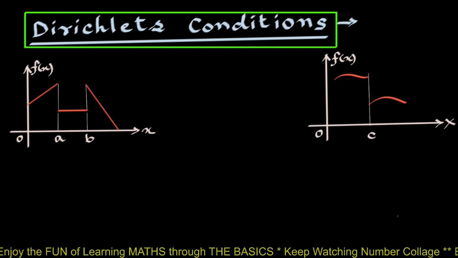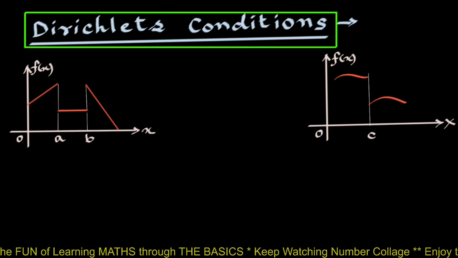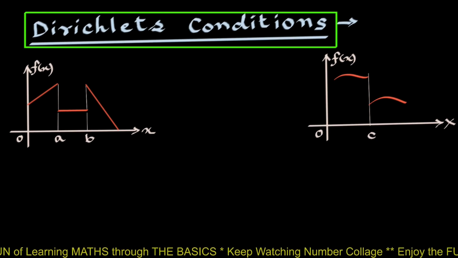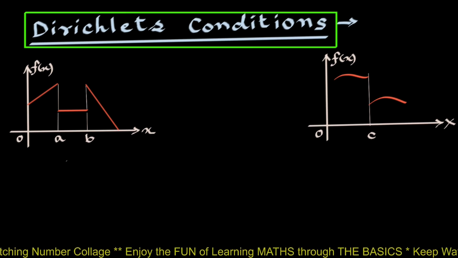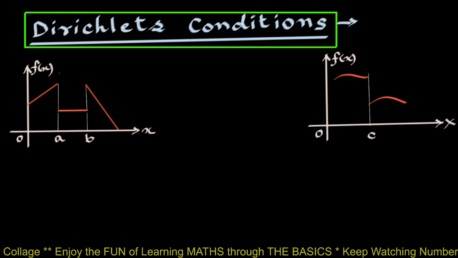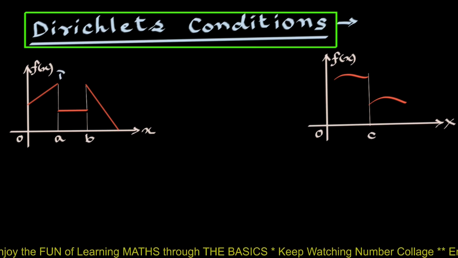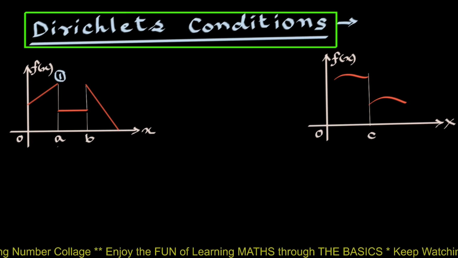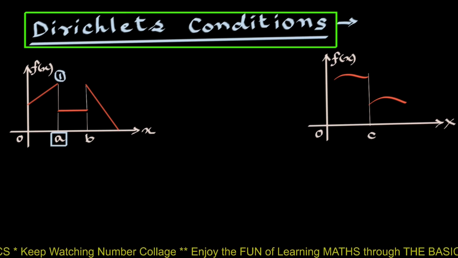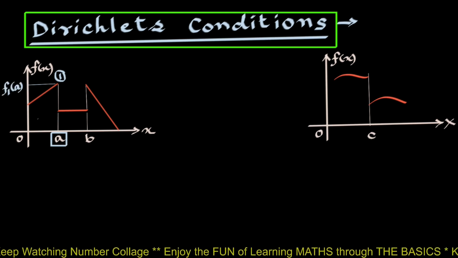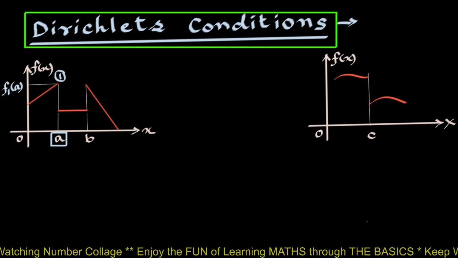According to the second condition, f(x) has finite number of discontinuities in the given range of domain. In the first graph drawn here, there are two discontinuities. The first is here, because at x equals a, there are two values of f(x): first is f1 of a and second f2 of a.